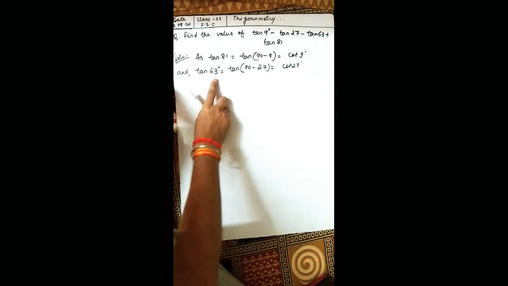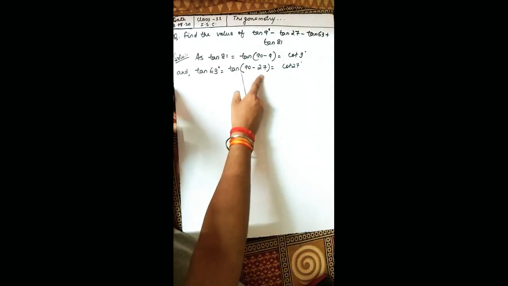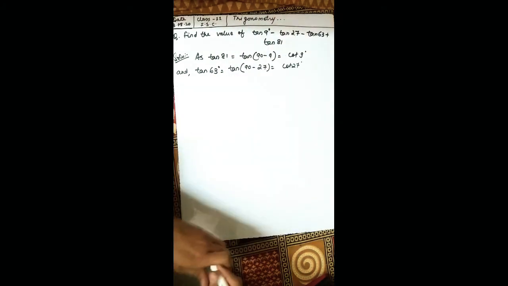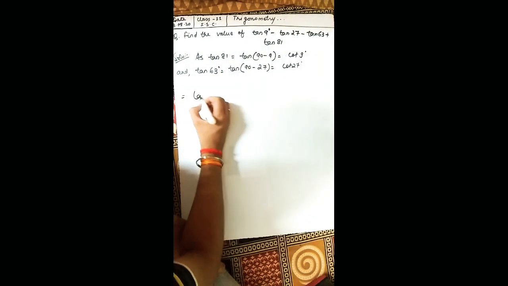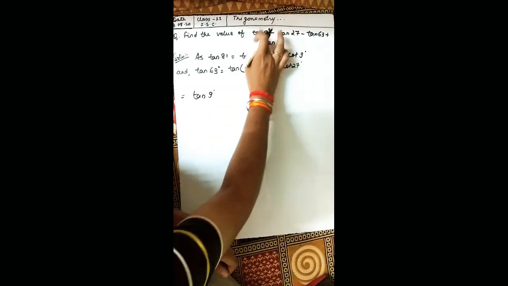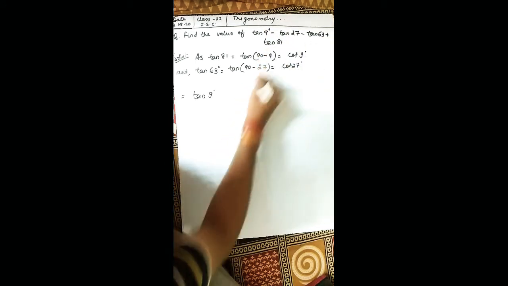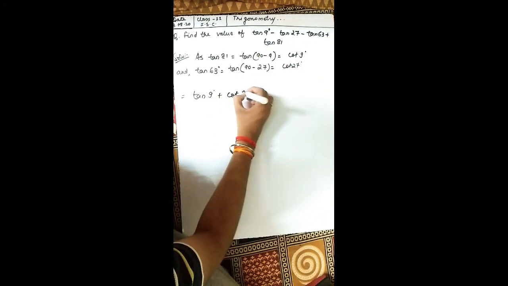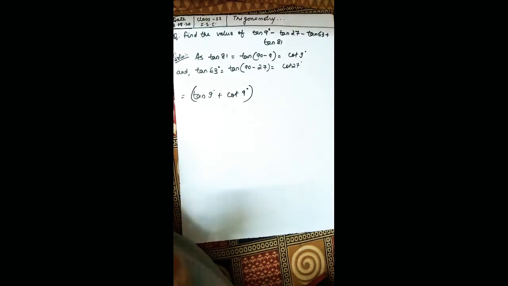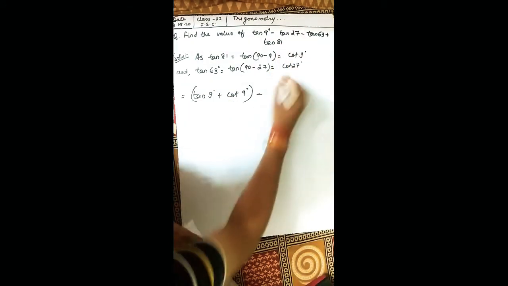Similarly, tan 63 is equal to tan(90 minus 27), so tan(90 minus theta) is cot 27. So let us replace the things and write what we got. Tan 9 degree plus tan 81 we can write as cot 9 degree in one bracket, minus tan 27 degree.